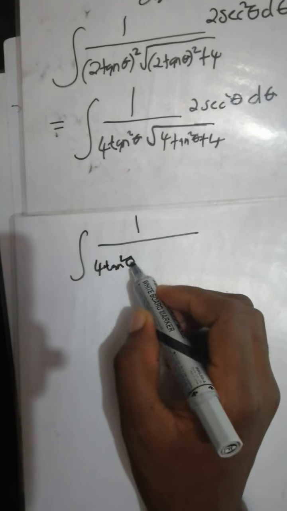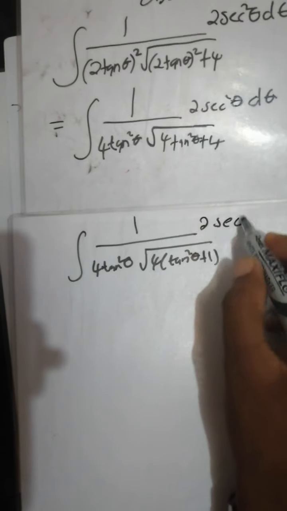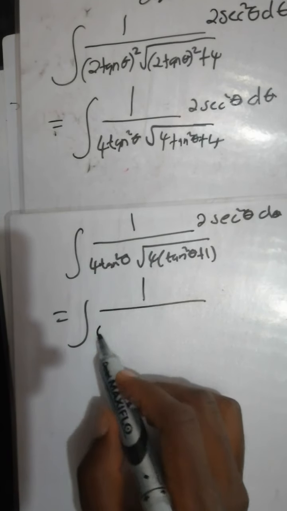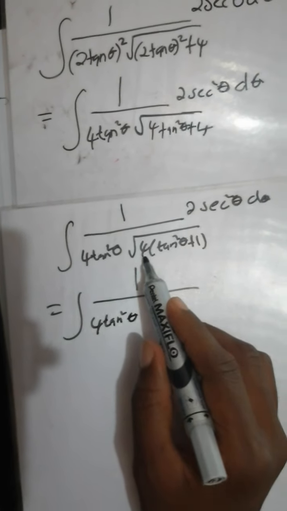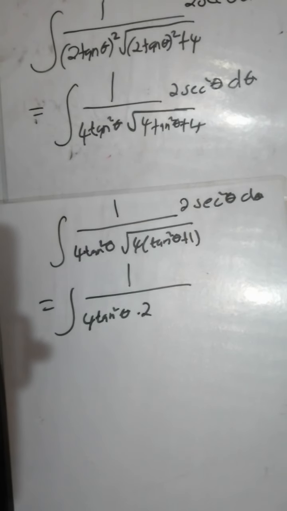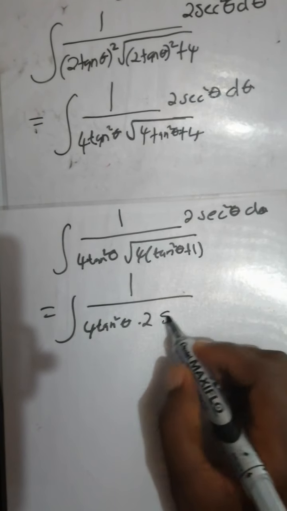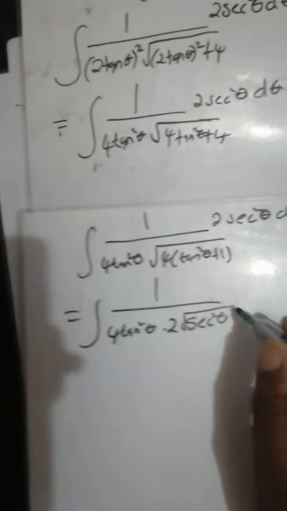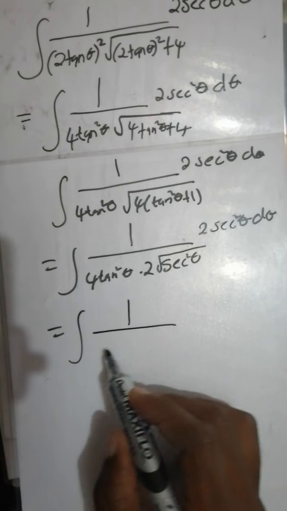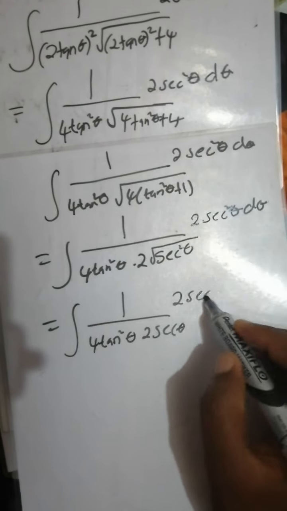This is 4 times tan squared theta plus 1, times 2 sec squared theta d theta. So this is going to be 1 over 4 tan squared theta, and we know that the square root of 4 is just 2. Then we have tan squared theta plus 1, which from the following identity is equal to sec squared theta. So this is still inside the square root, times 2 sec squared theta d theta. So this is going to be 1 over 4 tan squared theta, times 2 sec theta, times 2 sec squared theta d theta.